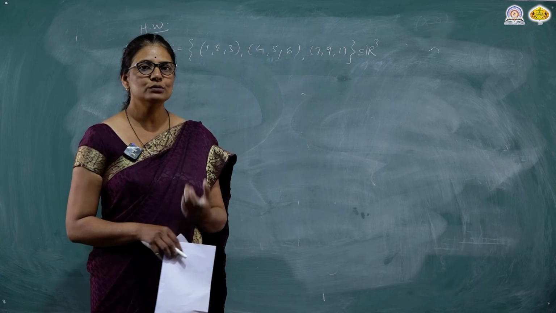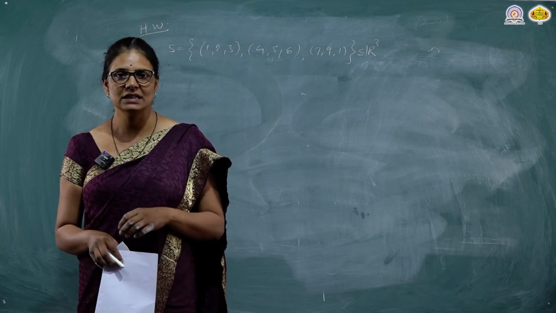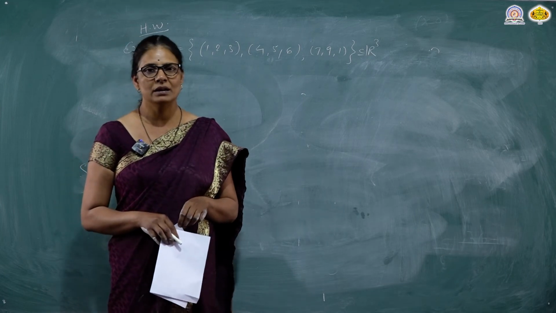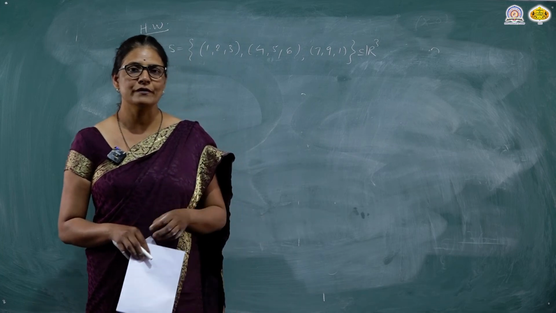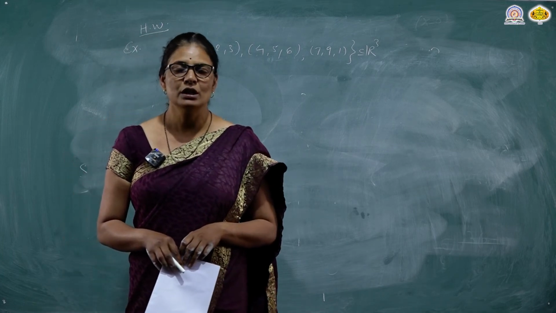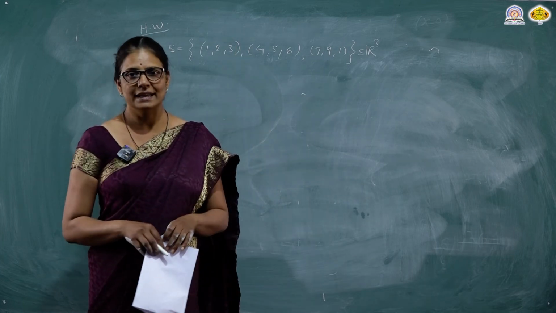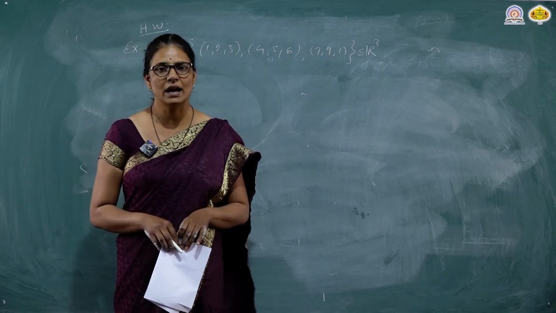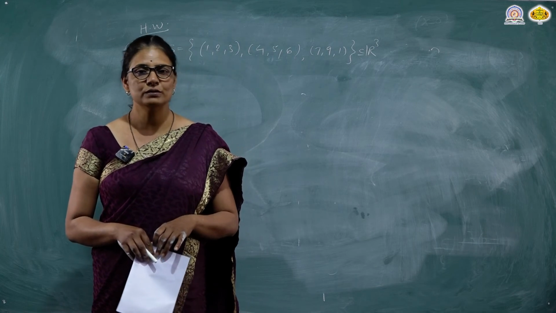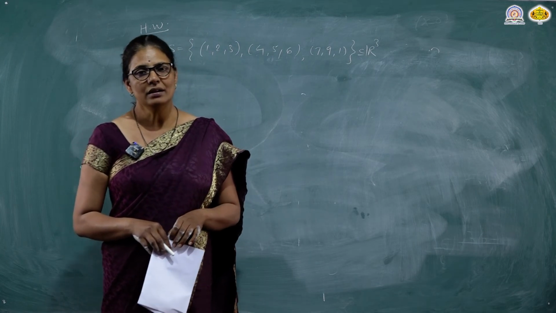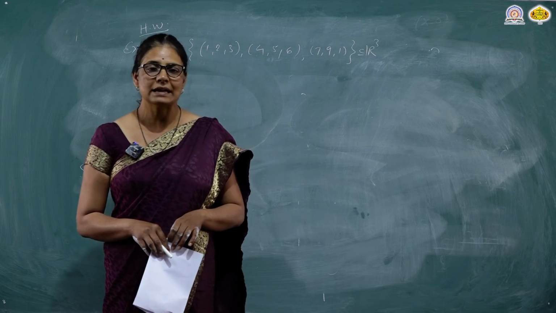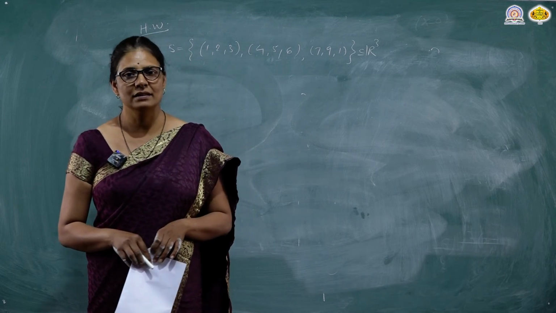Remember how to check whether a set is linearly dependent or independent, because it is also useful for solving basis problems. Now let us recall the lecture. In today's lecture we have studied the definition of linearly dependent or independent, the related theorem and the examples.